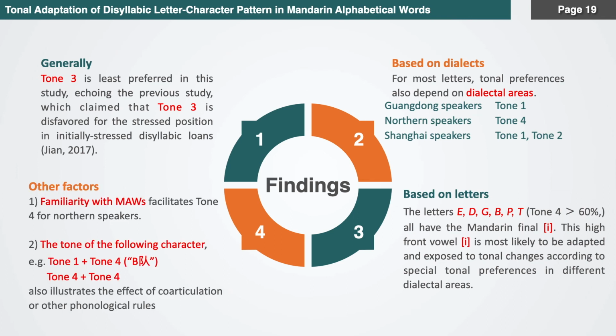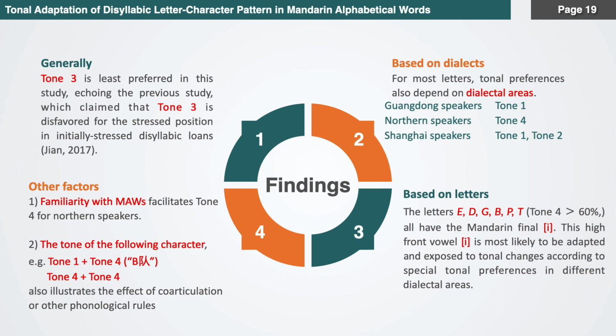And we also have other factors. First, familiarity with Morse facilitates Tone 4 for Northern speakers, and the tone of the following character also makes it more possible to have the combination of Tone 1 plus Tone 4. This is a high offset followed by another high onset, so the pronunciation can be smooth.